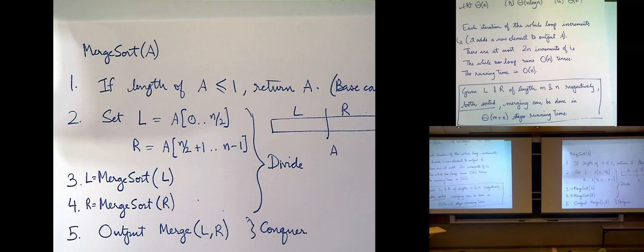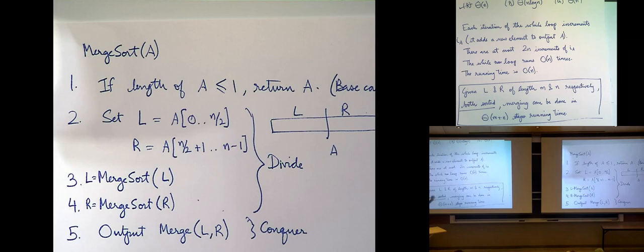Yes? By step number 5, output merge, does that mean return the merged array L and R back to one of the merges in step 3 and 4? Well, I'm being maybe not so careful about the memory.